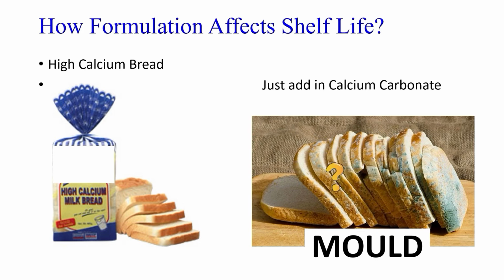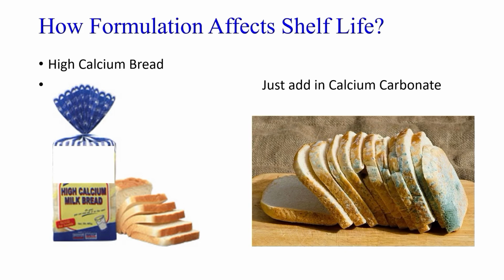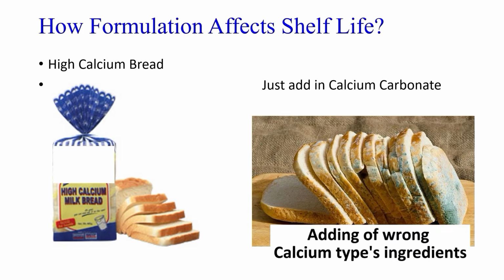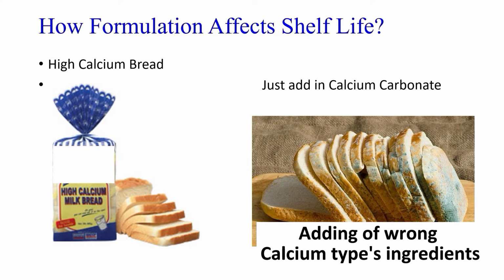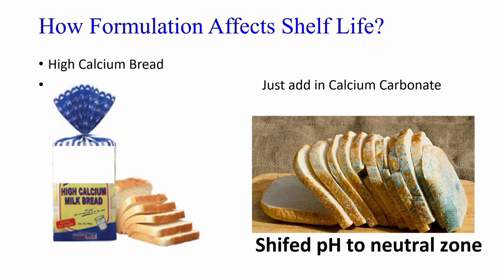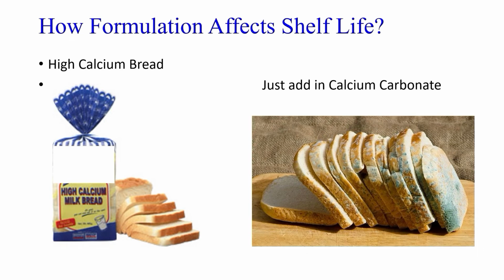What is the reason behind that? Actually, they added the wrong calcium type ingredient. The calcium carbonate shifted the bread dough pH from pH 5.5 to nearly the neutral zone, and that is the reason why mold and yeast could grow on the bread in only one day of storage.